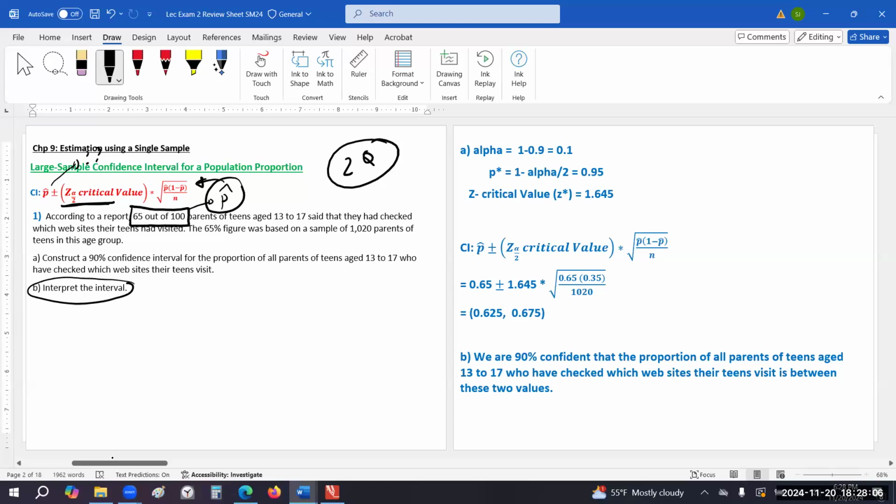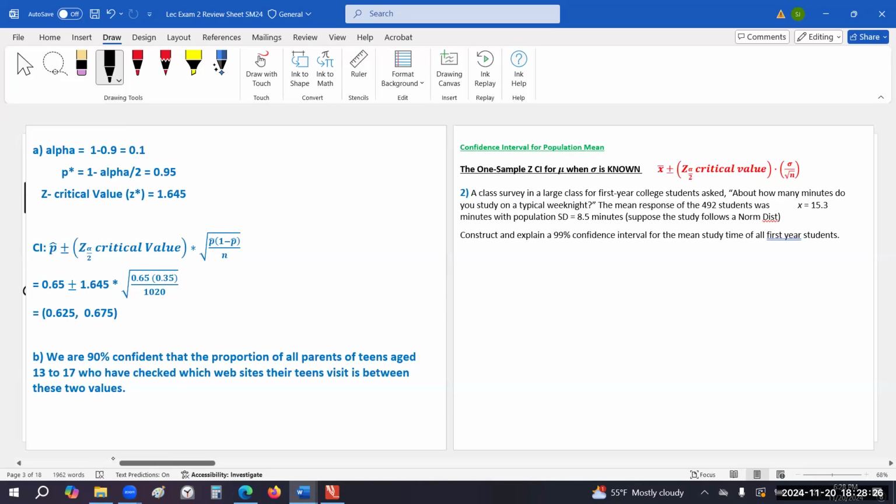For proportion, this is the formula you have to use. The Z is always two-sided. Always. And proportion means Z. So these are the solutions I have on the right side. Based on a data set, if you are given the population standard deviation, then you use Z because they have the population standard deviation.